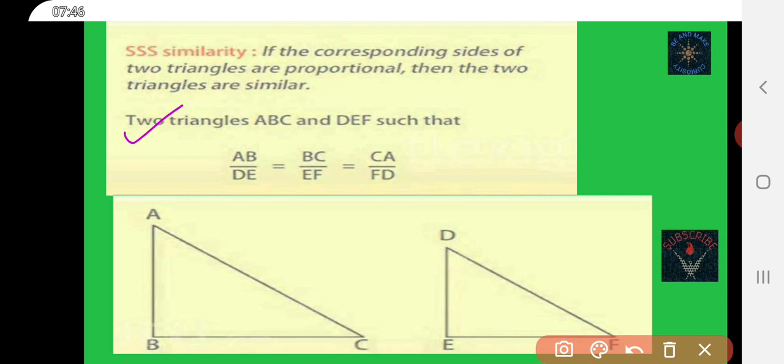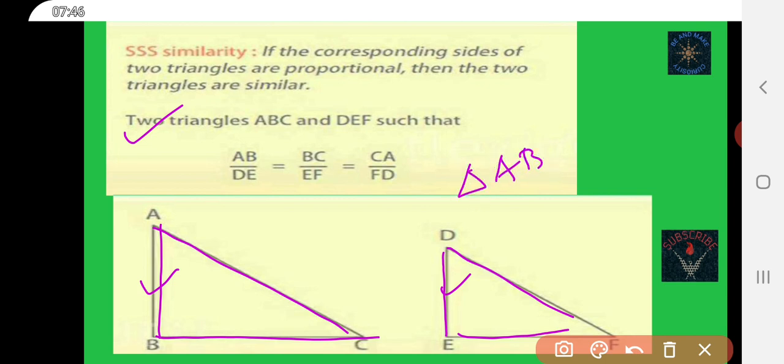Okay, if the corresponding sides, this AB corresponds to DE and BC corresponds to EF and AC corresponds to DF. If their corresponding sides are proportional, then we can say triangle ABC is similar to triangle DEF. Okay.